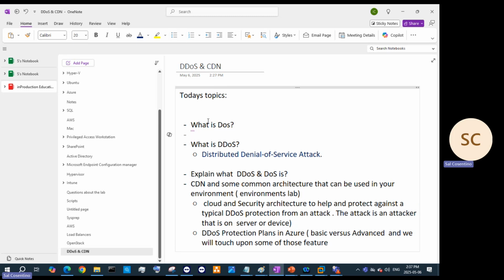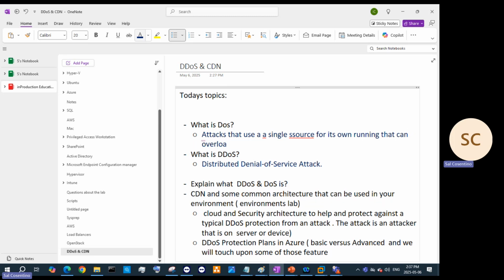And this is important too, because when we're talking about DOS, we talk about attacks that use a source, or single source, for its own running, that can overload a target machine with traffic, could be incoming traffic, right?